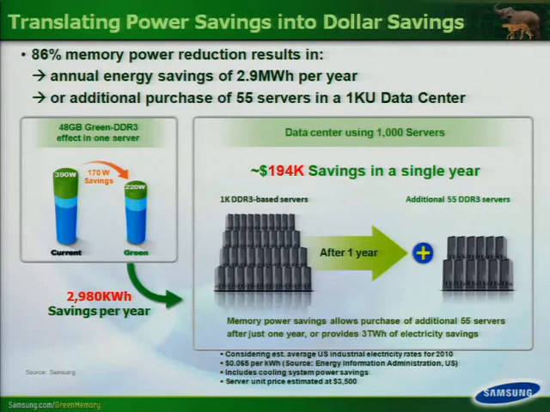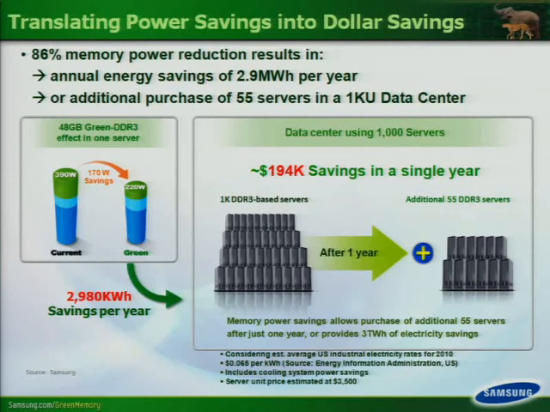Another angle of looking at this saving is the amount of dollars that you save entirely from the power consumption level. The 170 watts is actually about 2.9 megawatts saving per year. And if you translate it into having a whole system that is using these latest technologies, you're saving about $194,000 in a 1,000-server configuration.